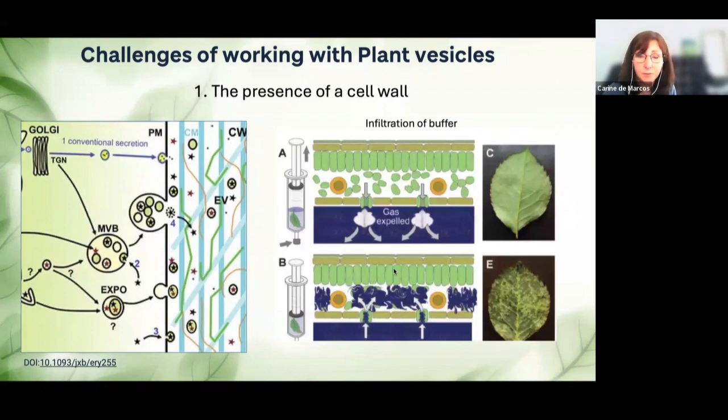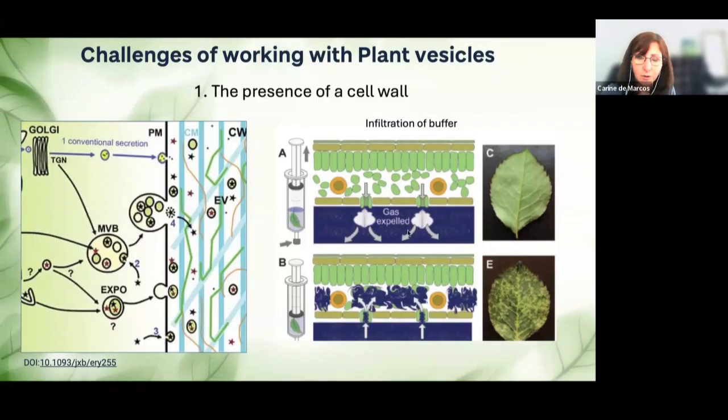Also, the field has developed a specific technique that is known as infiltration, where you actually can extract EVs without degrading the cells. And this is using vacuum, where you impose a vacuum either with a syringe or a vacuum pump to expel the air from the extracellular media.